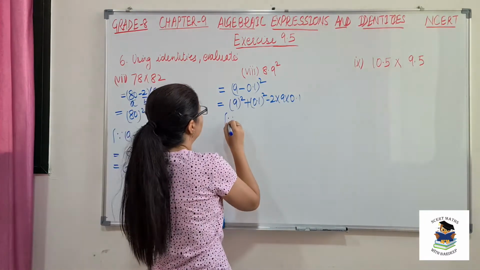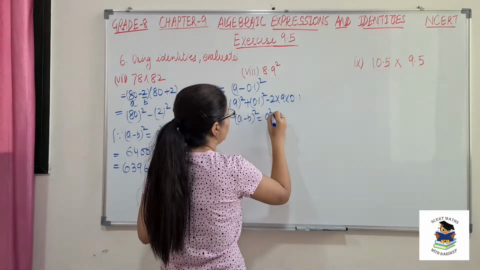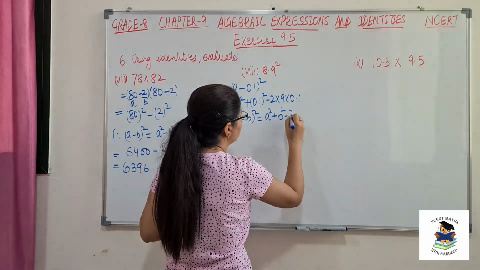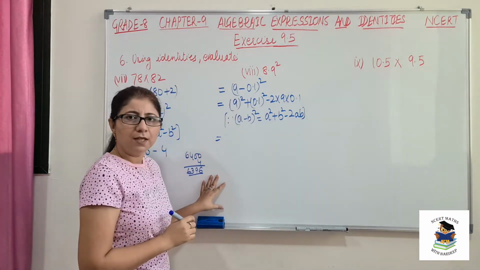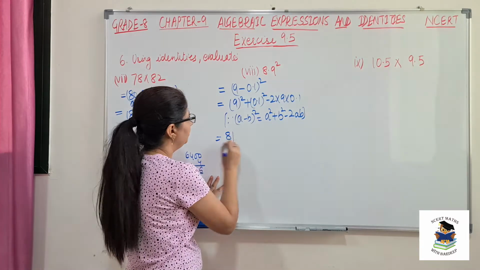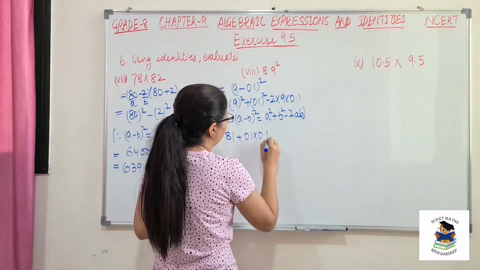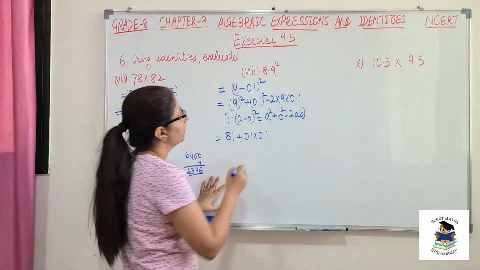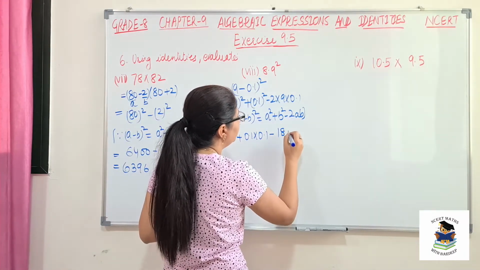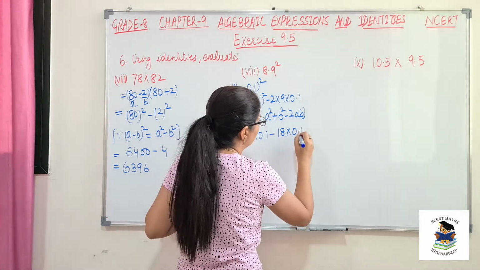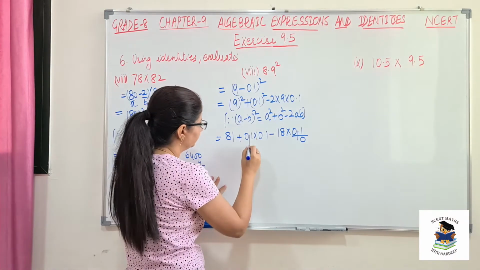So we will calculate this. 9 into 9 as 81. 0.1 square, that is 0.1 into 0.1. So here we have 2 into 9 as 18, 18 into 0.1. So again, as usual, I will remove the decimals first.